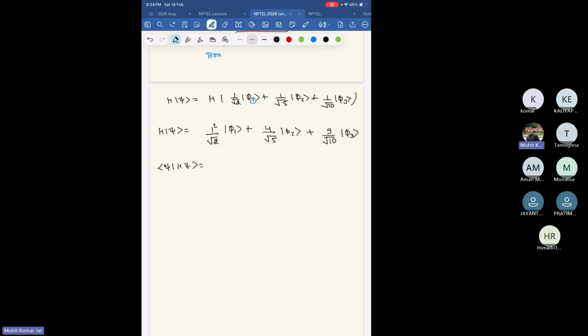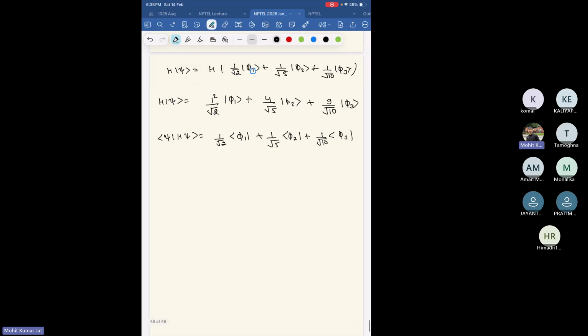It should be the bra 1 by root 2 phi 1 plus 1 by root 5 phi 2 plus 1 by root 10 phi 3, which is operating on the ket 1 by root 2 phi 1 plus 4 by root 5 phi 2 plus 9 by root 10 phi 3.